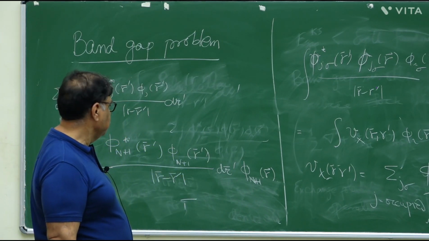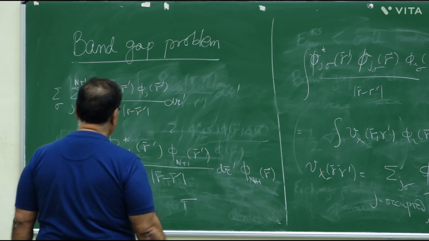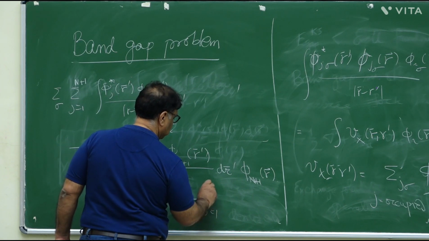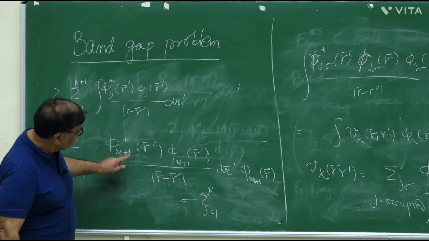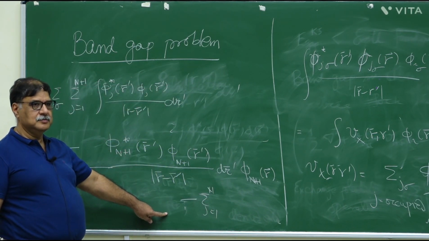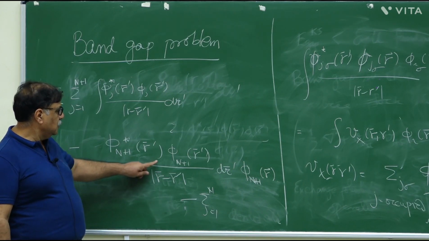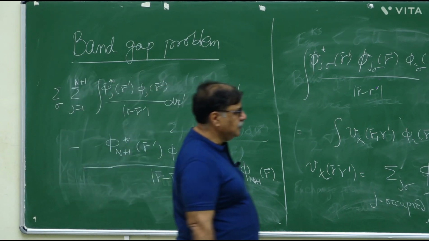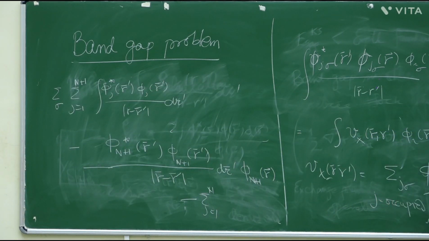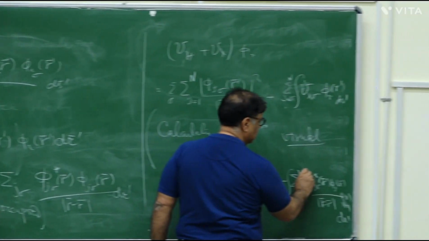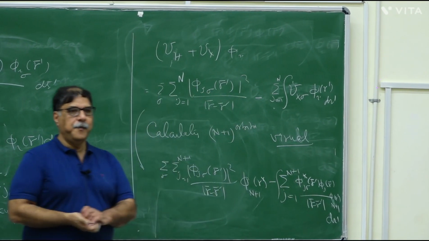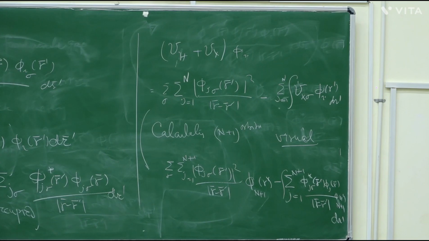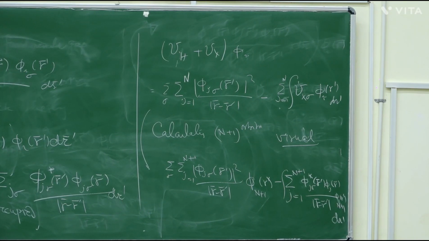Is that okay? Okay. Now, if you look at this term, minus the last term, summation j equals 1 through n, you can absorb this term here. All the terms are exactly the same. You can absorb this term here, and instead I can write this up to n plus 1. See if each term matches.